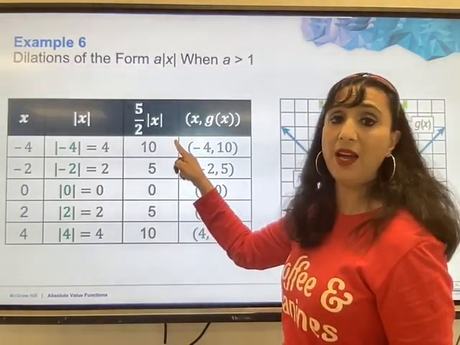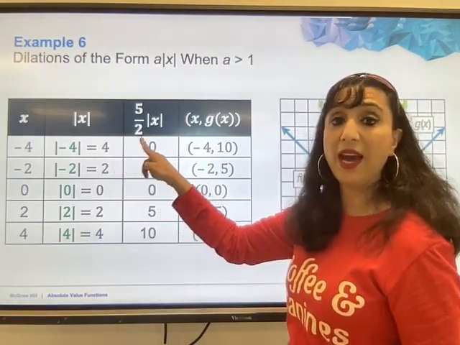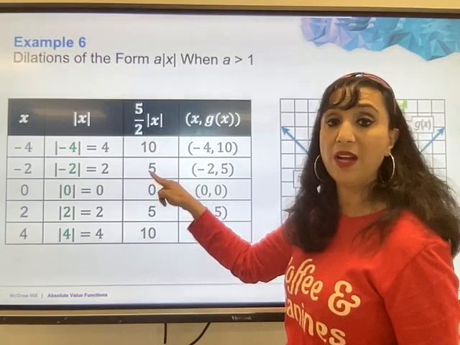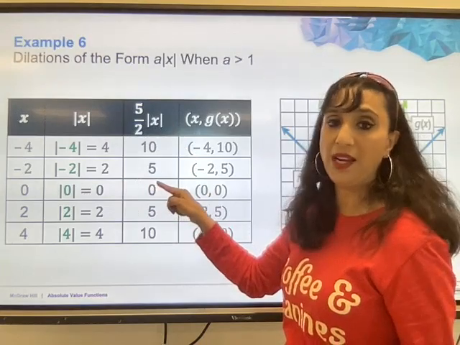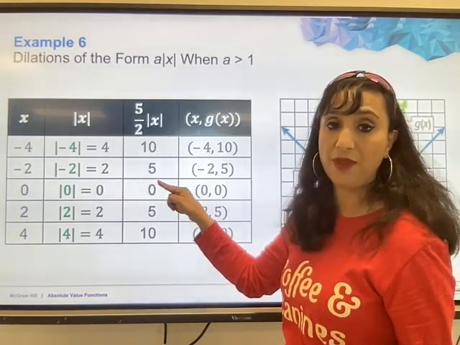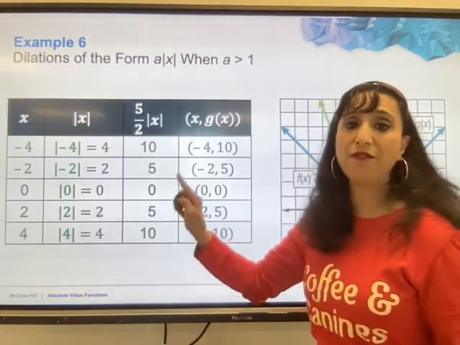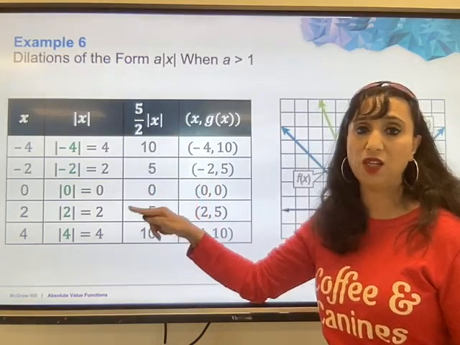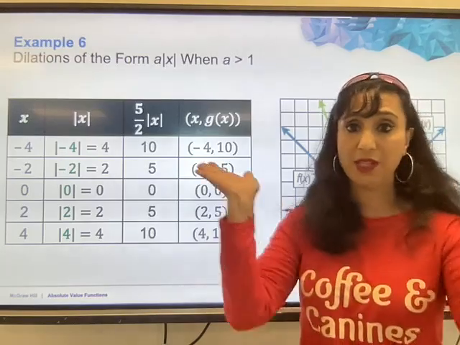Then 5 times 2 is 10, divided by 2 gives me 5. And then 5 times 0 is 0, and of course that's going to stay a 0, divided by 2. Then I have 5 times 2, so same thing, the 2 and 4 are going to give me the same result because it's absolute value.